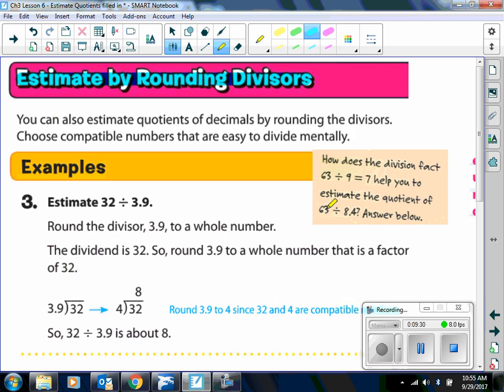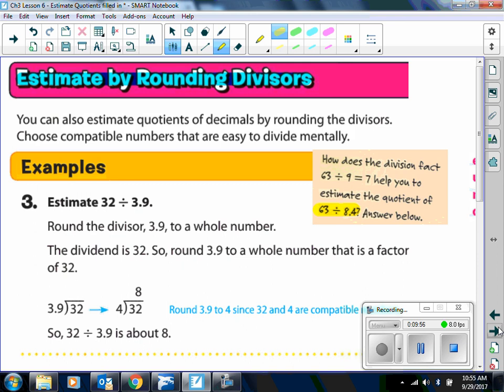If we're looking at 63 divided by 8.4, using the rules of rounding, this would be 63 divided by 8. But are 63 and 8 compatible to divide? No. So here we have to go away from the rule and bump it up 1 to 9. So 63 divided by 9 is about 7.